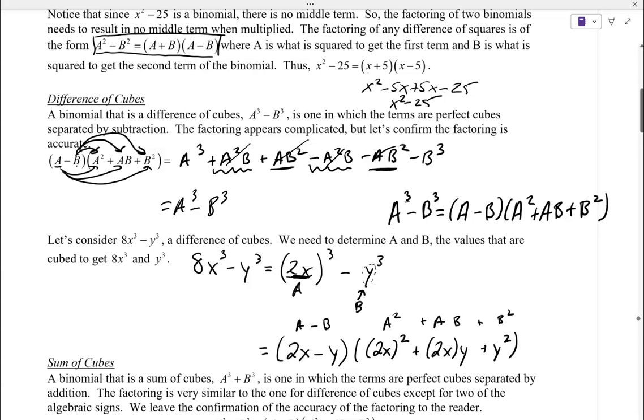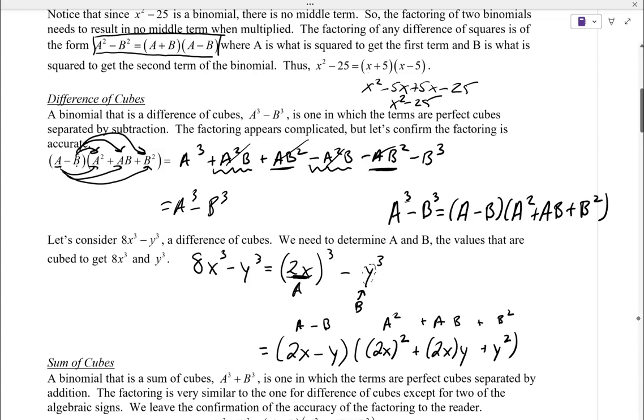This is the opposite here, right? It's a minus and a plus in the middle here. One nice thing about doing this particular formula, even though this gives you a quadratic, an x squared and a y squared, you don't ever have to worry about factoring this one. This never factors. You can just stop here at this point and it never factors.